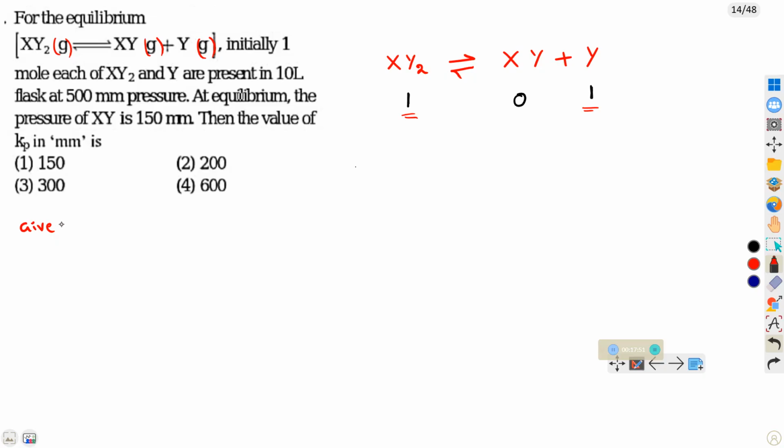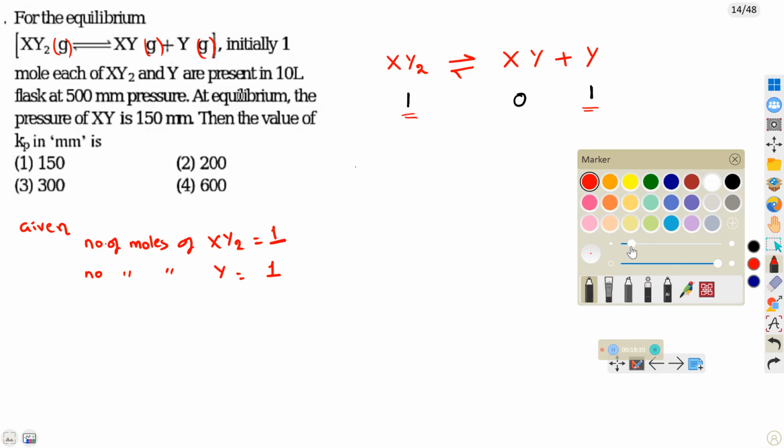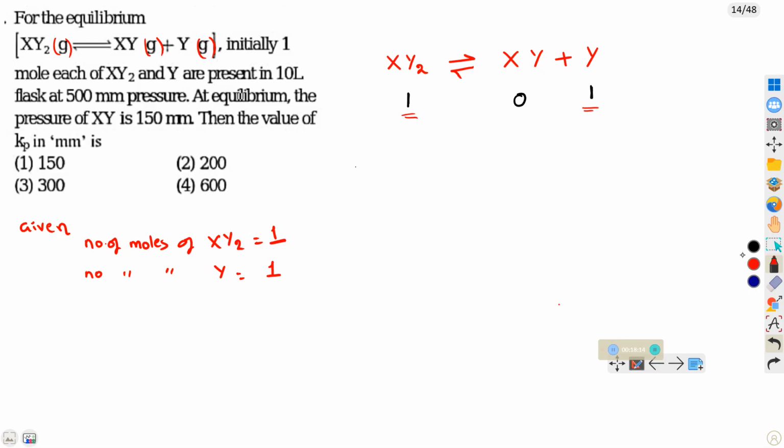Given: number of moles of XY2 is equal to 1. Number of moles of Y is equal to 1. Total number of moles is equal to 2 moles.